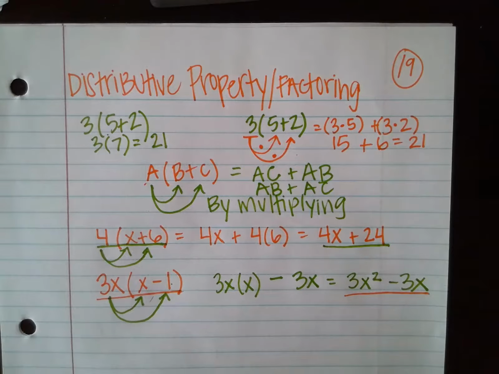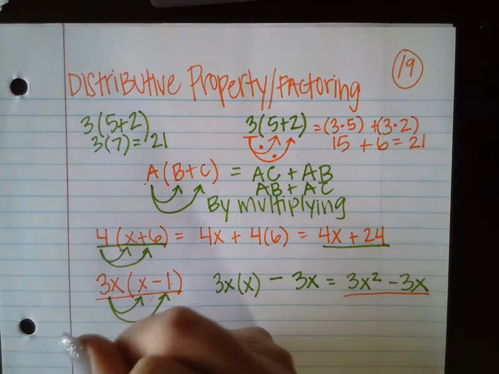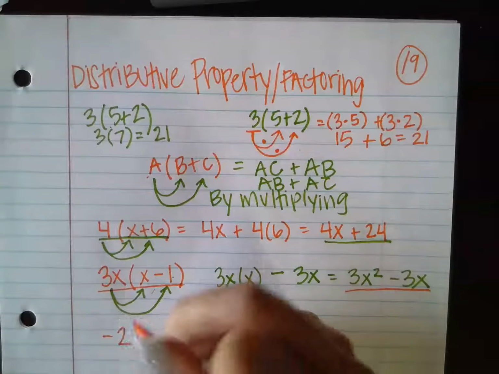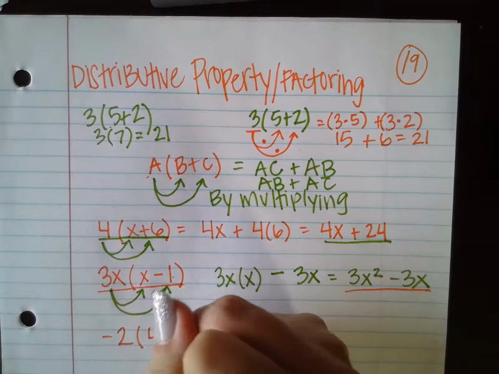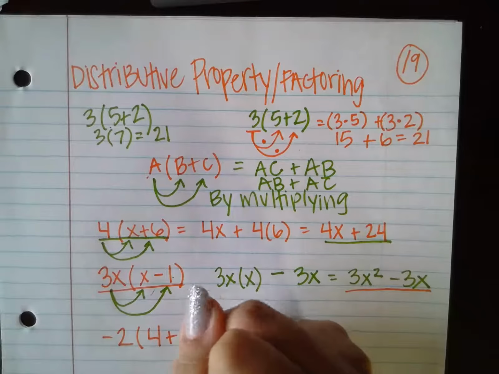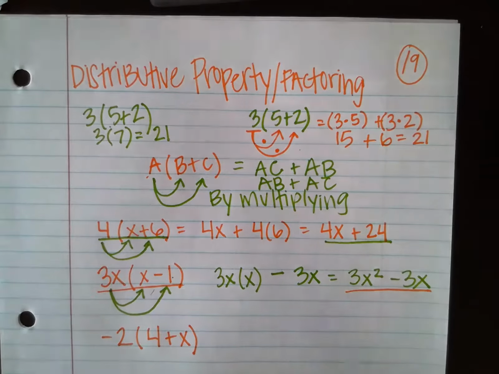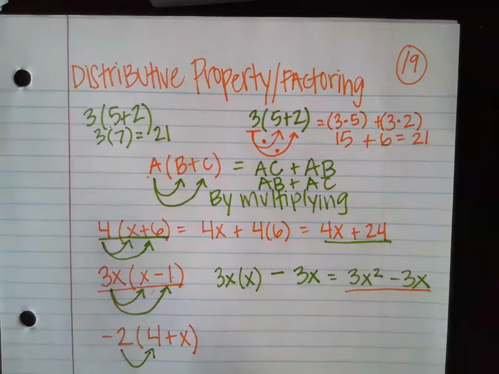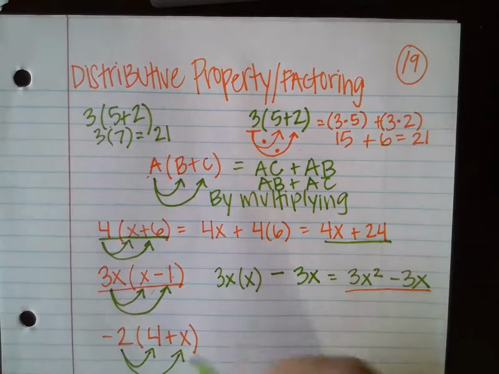We're going to do one more example just so you can see. This time I'm going to have a negative sign. So let's say I have negative 2 times the group 4 plus x. Okay, so what I'm going to do, like before, is I'm going to distribute this negative 2 by multiplying to each member of the group.